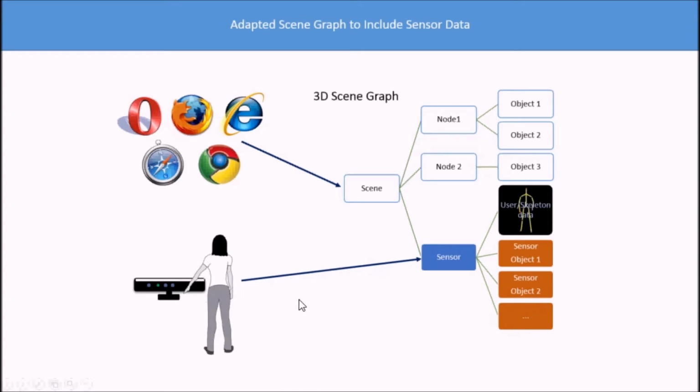When the connection to the sensor is established, the sensor node will appear on the scene. This way, if the connection is closed, all of the sensor node hierarchy will go away from the graph.